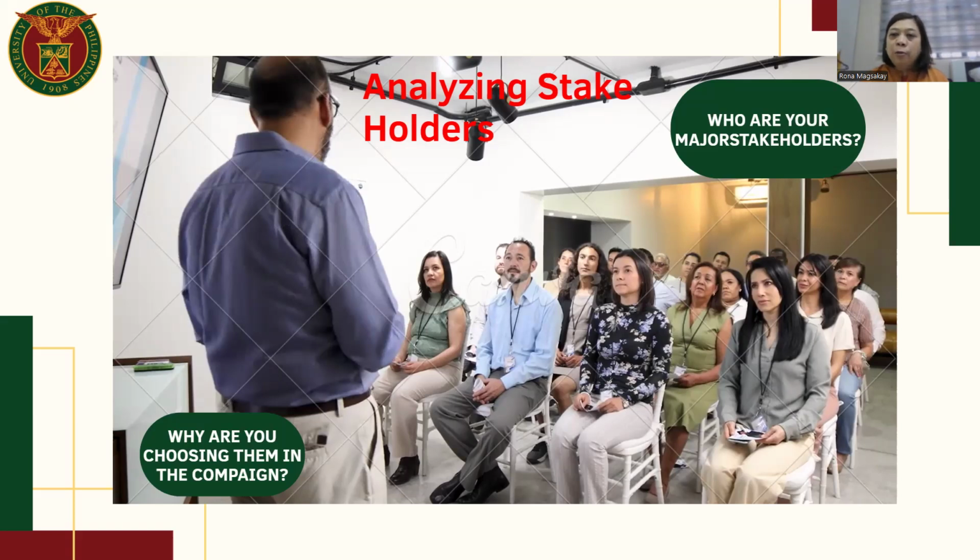If you already know who your stakeholders are, the next question will be, why are you choosing them in the campaign? Why are you choosing this group of stakeholders in your campaign or your programs? You should first know if these stakeholders are allies, enemies, or neutral to your campaign.